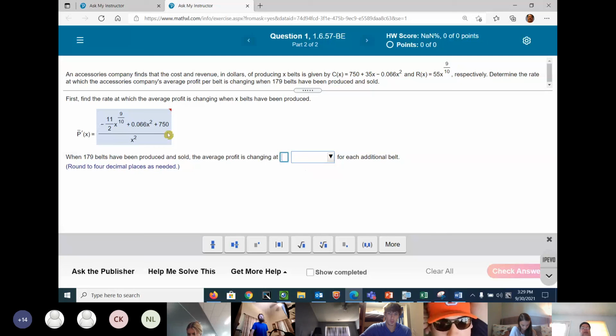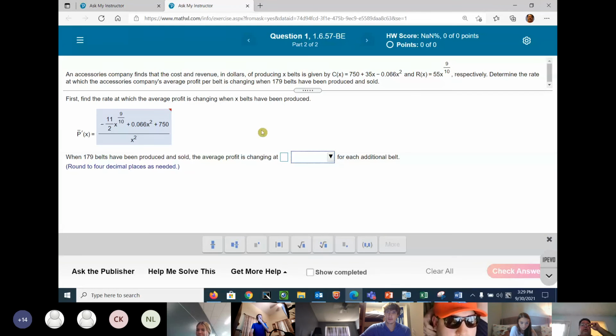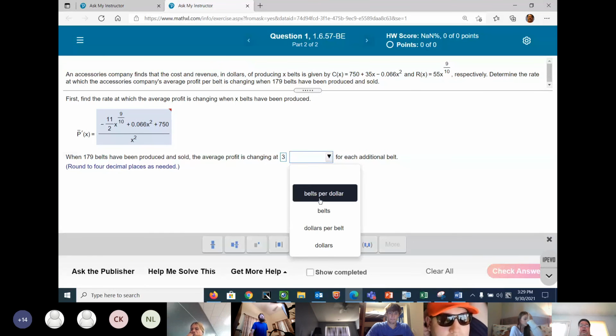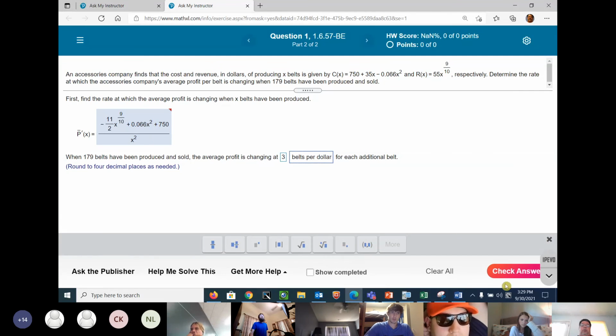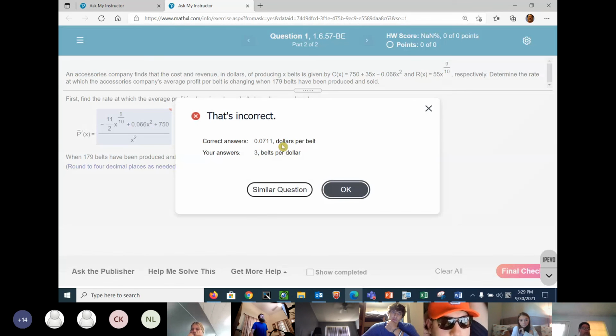So I'm not going to do that, but plug 179 into these x's right here, and it's either going to be a positive or a negative, and that's going to be belts per dollar probably. Let's see, what did they give us? Yeah, belts in dollars. I'm just going to put a 3 there, and belts per dollar. I'm going to give you the answer so you can check it with your plug and chug. 0.0711 when you plug and chug.